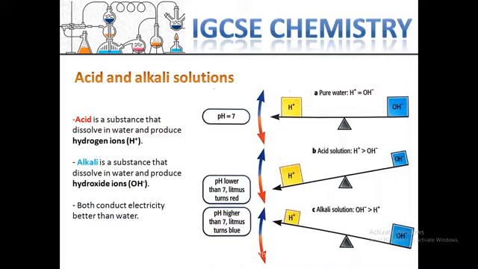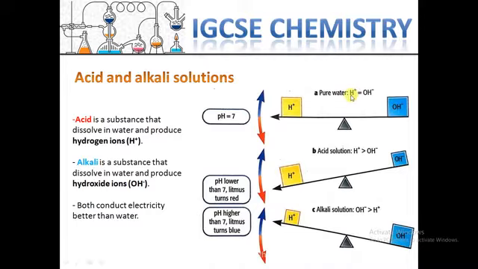As an example, pure water can only produce a little bit of hydrogen cation and hydroxide OH anion.